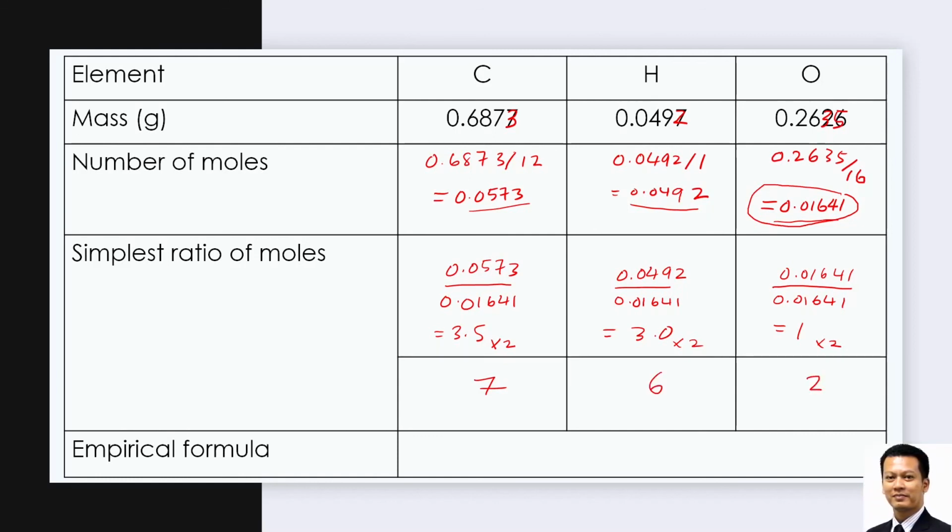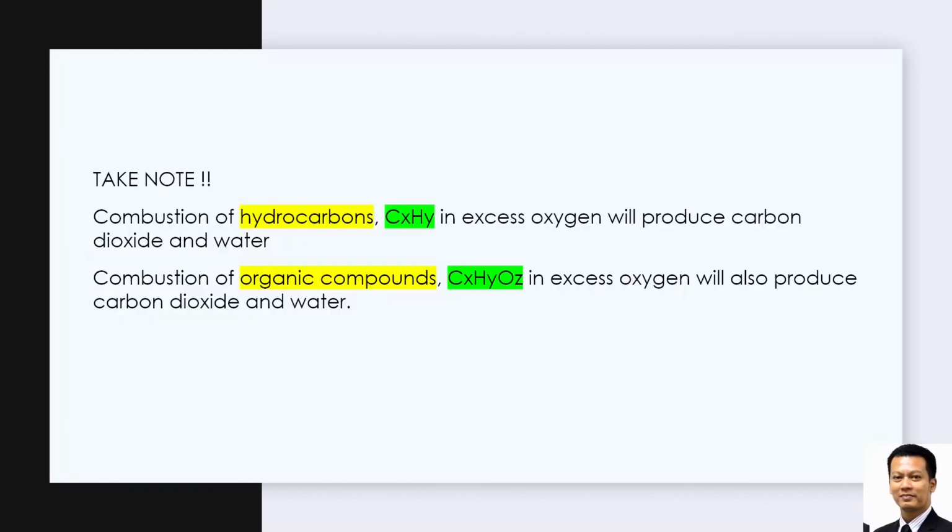So your empirical formula is C7H6O2. It's okay if the number looks like this, 762, because based on the data that we get, that's the answer that we get. So that is correct.